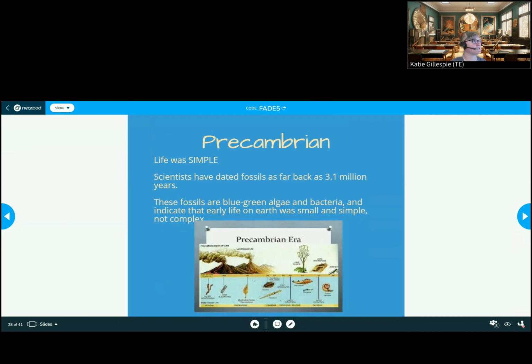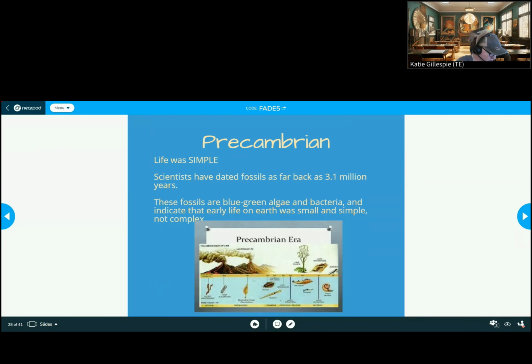Because they're invertebrates. Or a fish evolved first because it was one of the first vertebrates, came before those reptiles, because I think I compared fish and snake there. So life was simple back in this time.